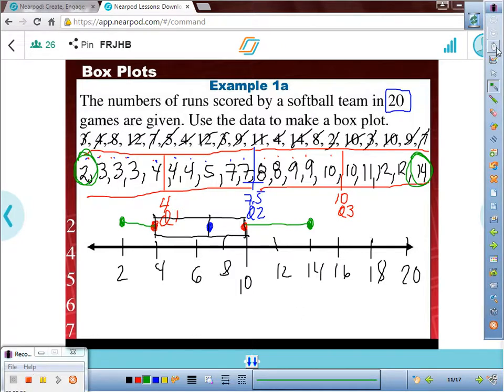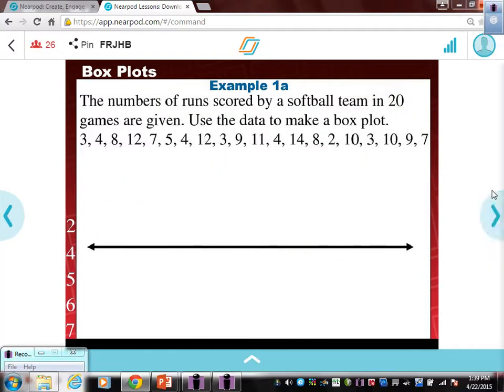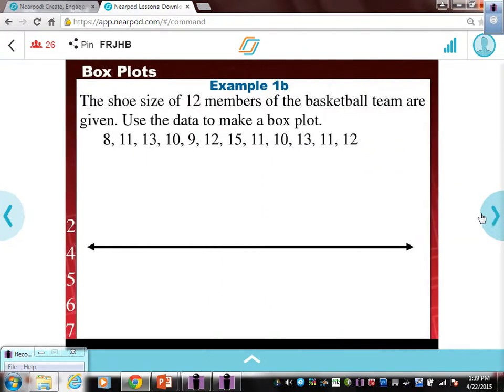Therefore, I want you to do this next one by yourself. Example 1B. Copy this on your paper. It says, the shoe sizes of 12 members of the basketball team are given. Use the data to make a box plot. We have 8, 11, 13, 10, 9, 12, 15, 11, 10, 13, 11, and 12.